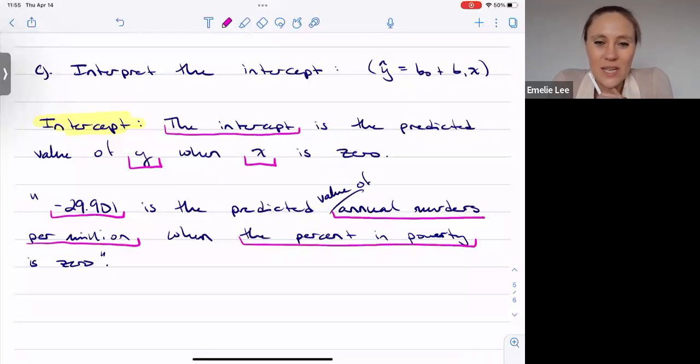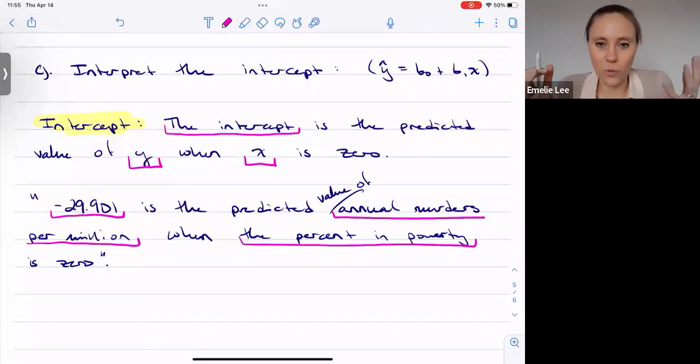Usually what I do is I follow this up with, is this meaningful? A line, because it keeps going from negative infinity to positive infinity, at some point will cross the y-axis. It has to. But sometimes that's useful information and sometimes it's just an anchor.